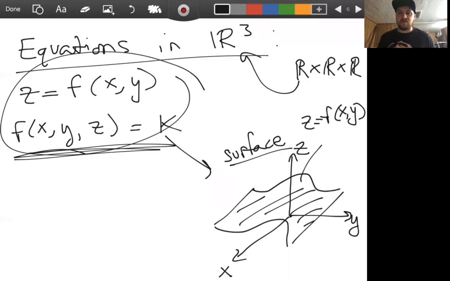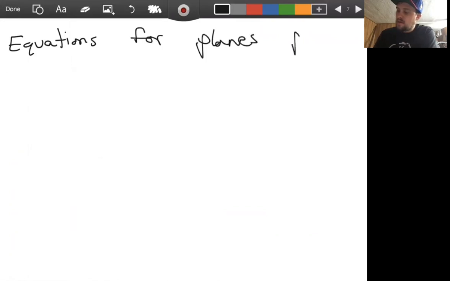So I want to go through a list of basic equations in R3 in three-dimensional space. So let's look at equations for planes parallel to coordinate planes.